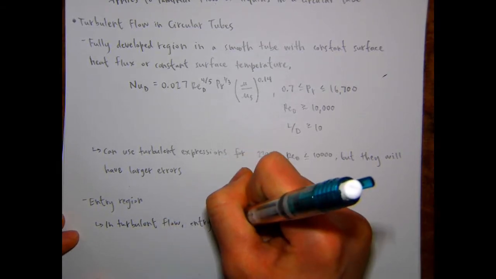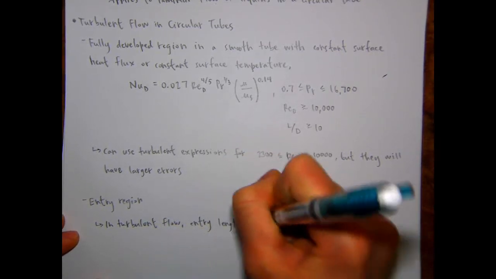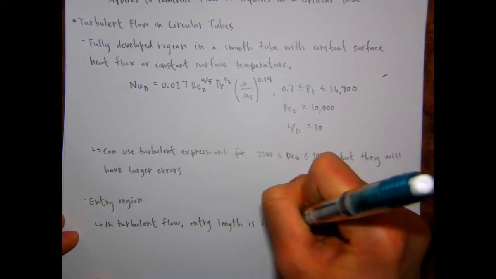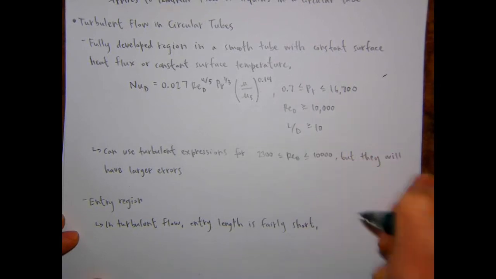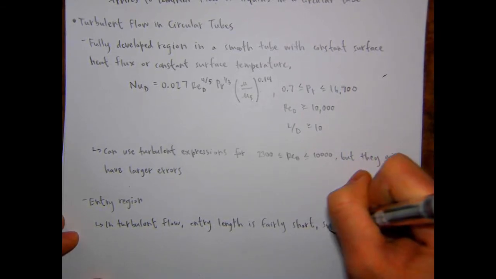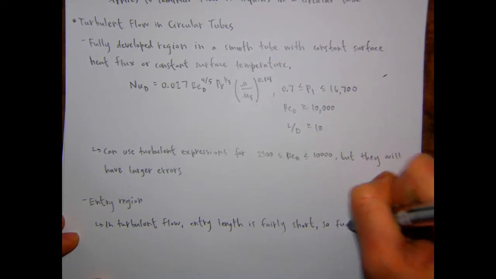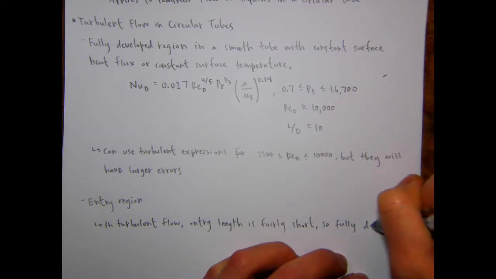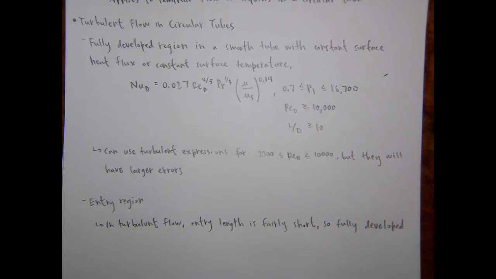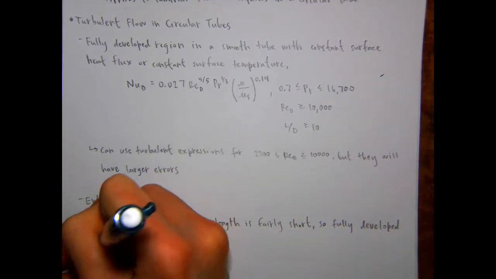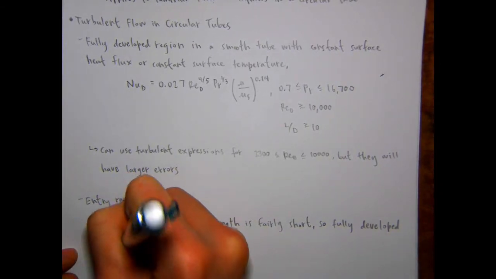So in turbulent flow, entry length is fairly short, so the fully developed condition can be applied to the entire tube.